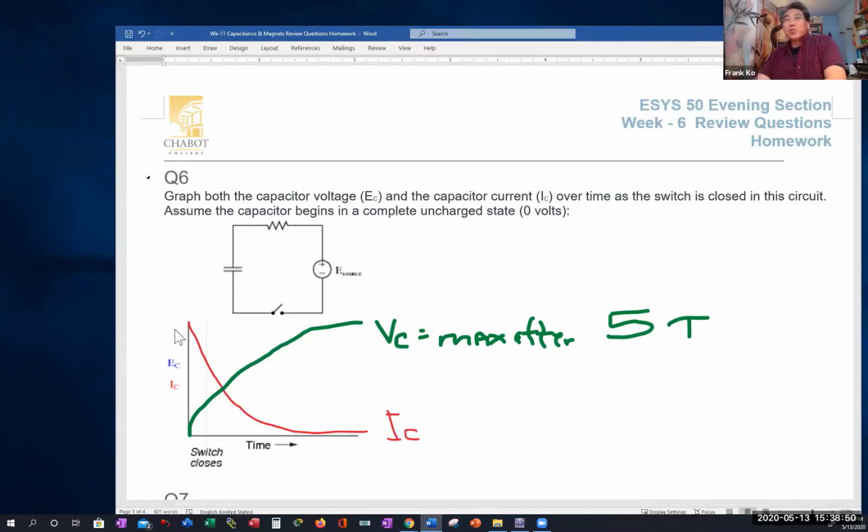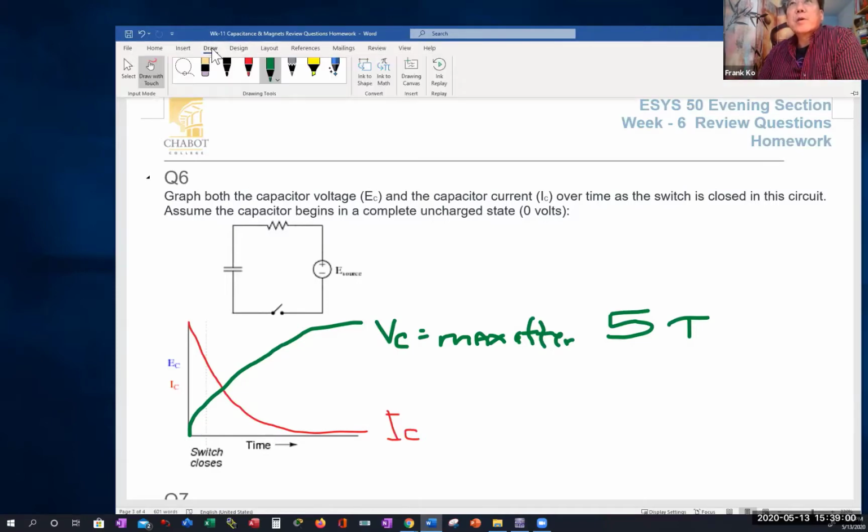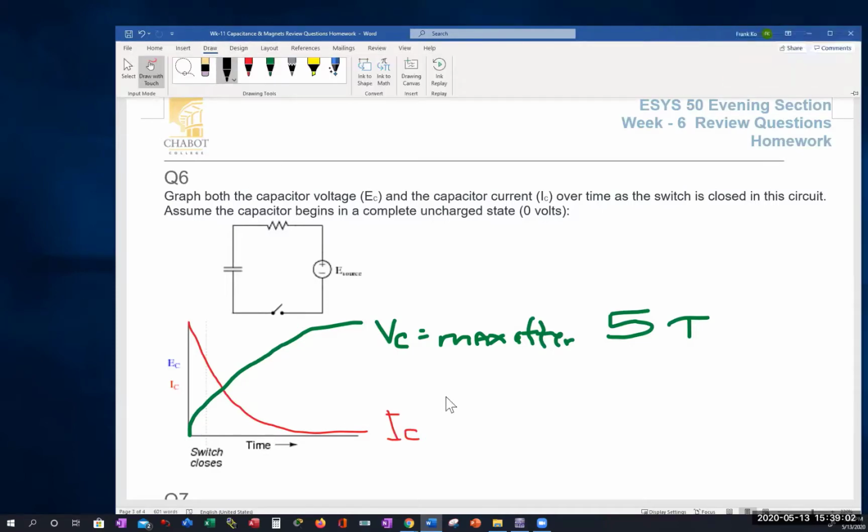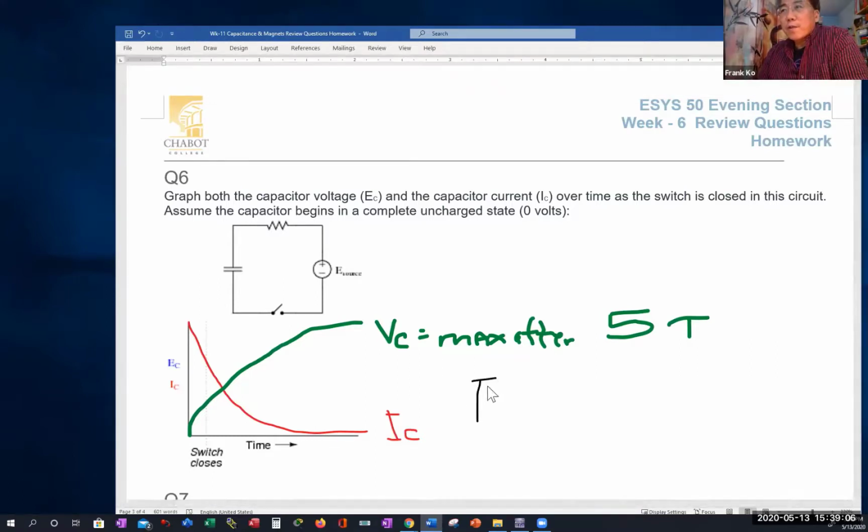So which one comes first? Does voltage reach maximum first or does current reach maximum first? Current reaches maximum first. So therefore we have ICE. Remember ICE, Eli the Iceman. And why is ICE pertinent in this particular circuit?